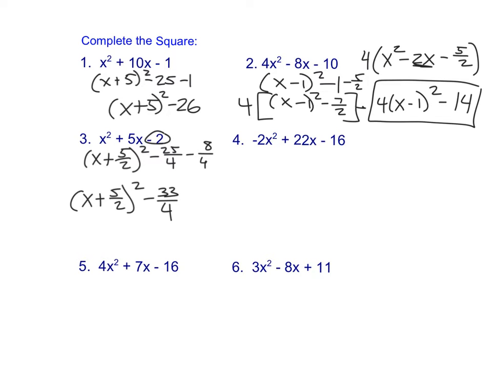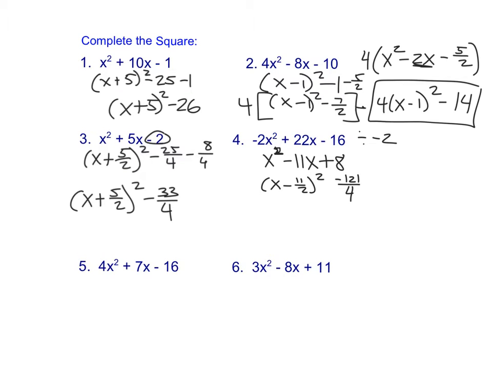So next one, I have to divide again. I'm going to divide out a negative 2. X squared minus 11x plus 8. Oops. Half of 11, x minus 11 over 2. And then 11 squared is 121 over 4.